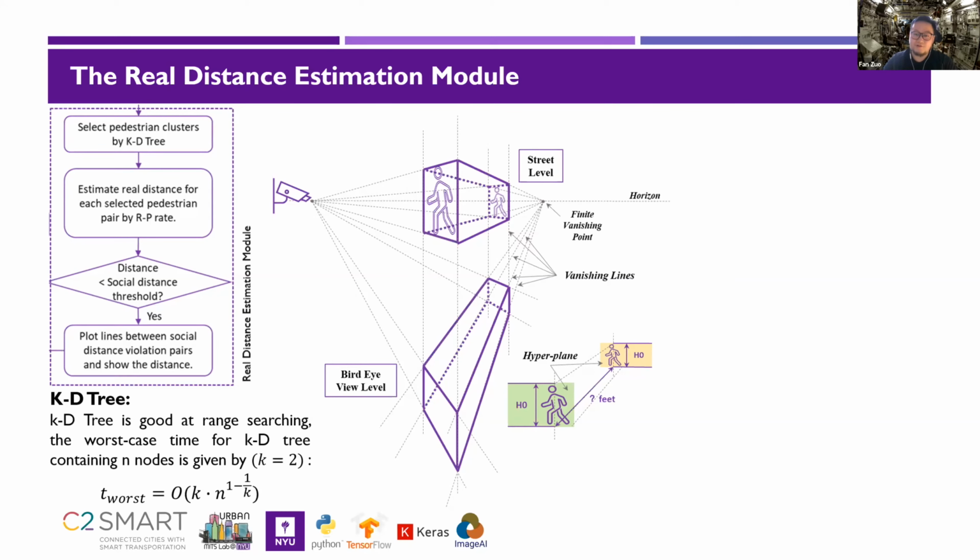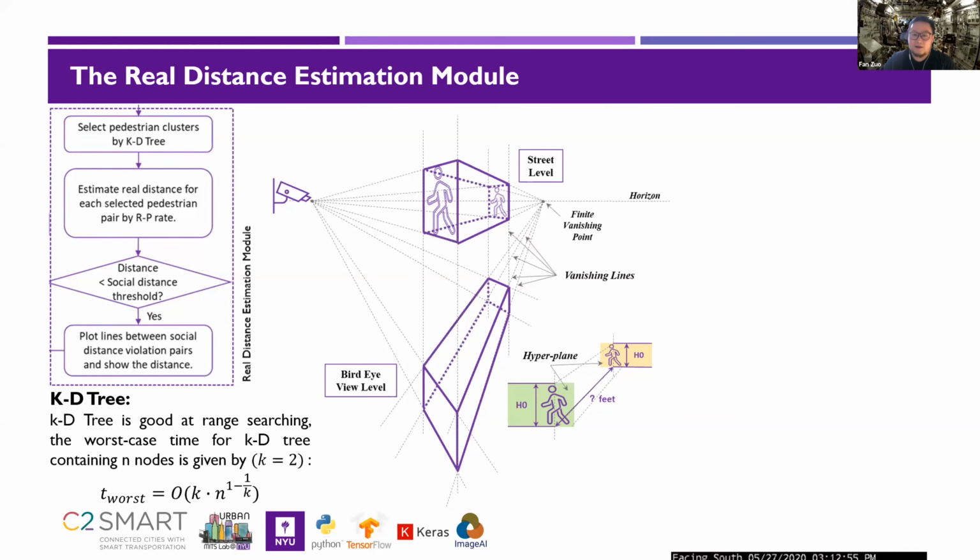Initially, we can use a KD tree to quickly search how many pedestrians in the image are close to each other using some threshold, because we don't want to compute too many pairs. When you have hundreds of people, you will have to calculate a lot, right?